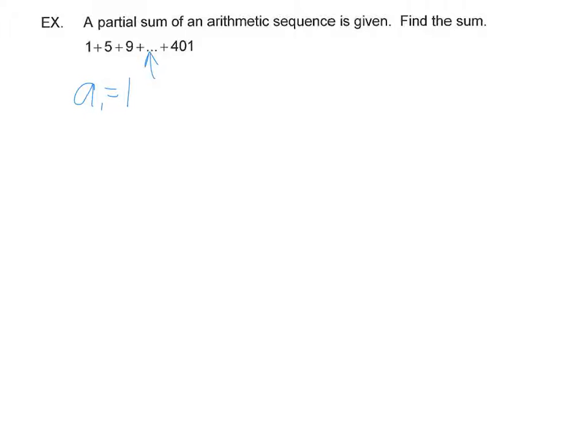We have the last term, which is 401. And we can figure out the common difference. To get from one term to the next, they're adding 4 each time. But what we don't have is the number of terms. So we can't use either formula with what we've got there.